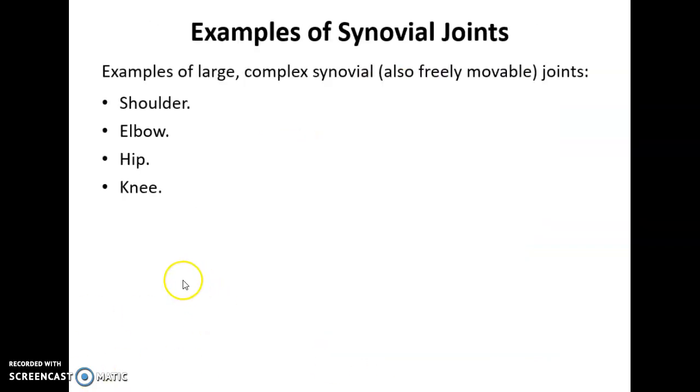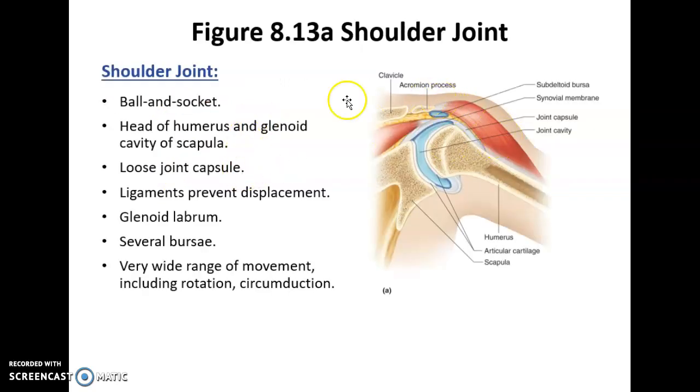Some examples of synovial joints, the bigger ones, are the shoulder, the elbow, the hip, and the knee. You must know some specific structures, such as the ligaments you have here, and the location of the main elements. Again, it's the capsule, the synovial cavity filled with fluid, the synovial membrane, and the articular cartilage between them.